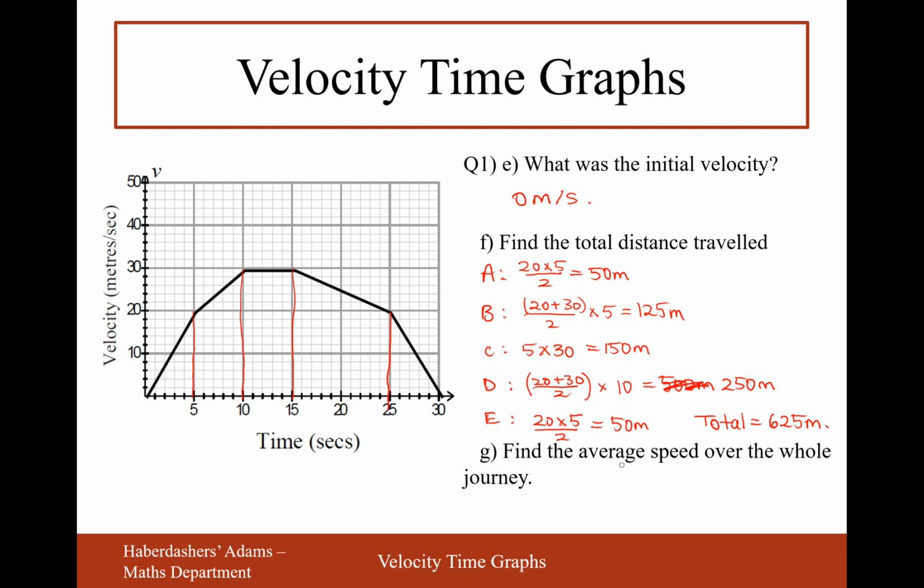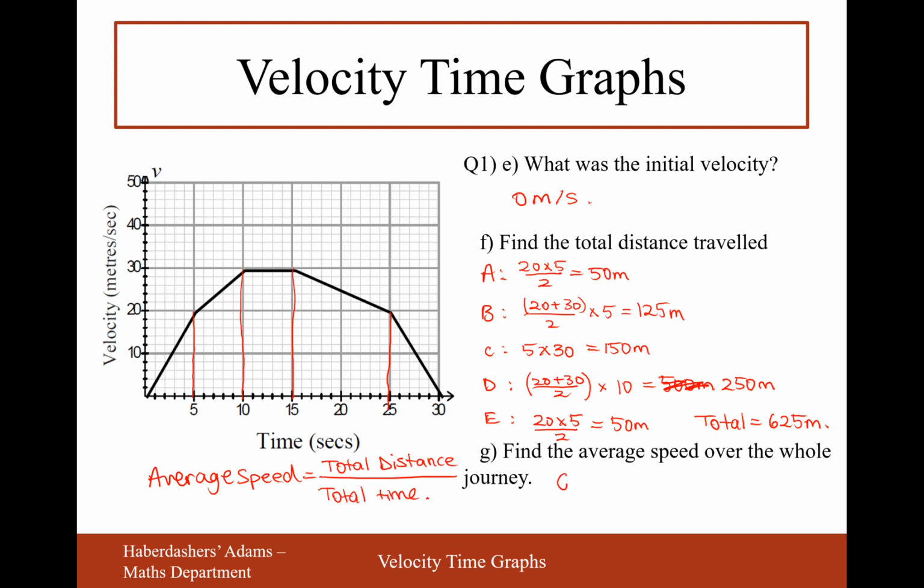Part G, find the average speed for the whole journey. Well, remember the average speed from the distance time graphs video, the formula for it is total distance divided by total time. Let's just write that all out. Total distance divided by total time. This was included in the distance time graph video.